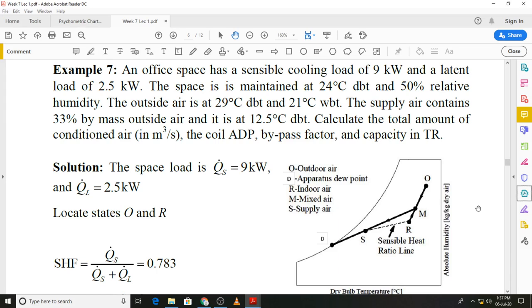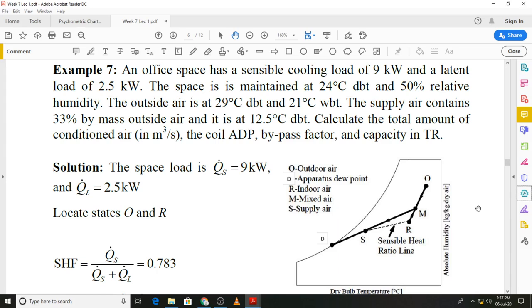Because the space loads are given separately as the sensible and latent loads, we can find out the sensible heat factor. Of course, when we move to the psychrometric chart, we will try to obtain this cycle.